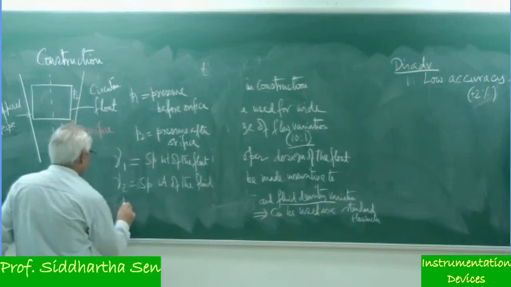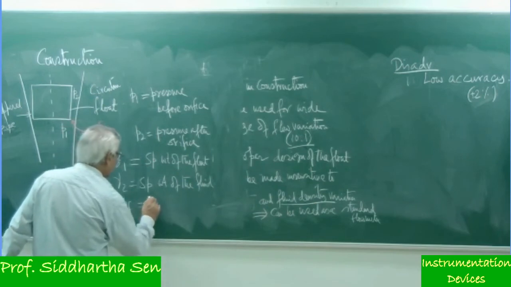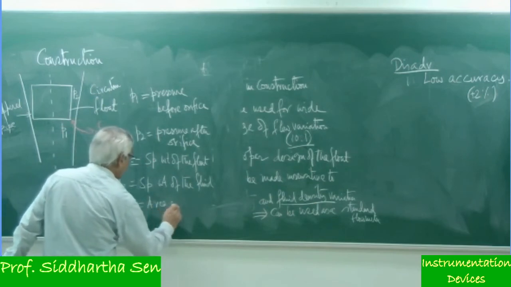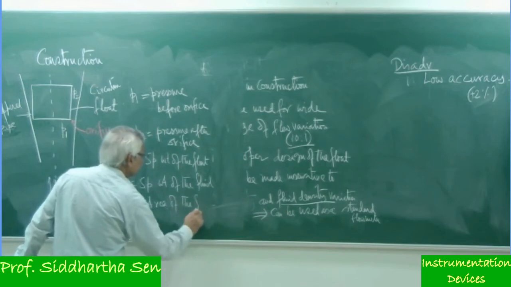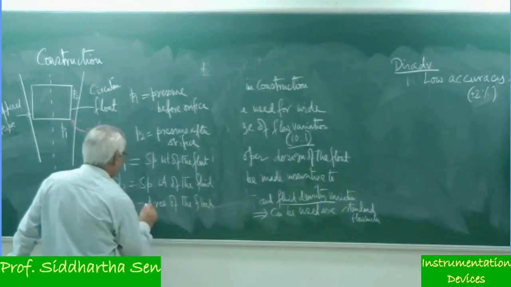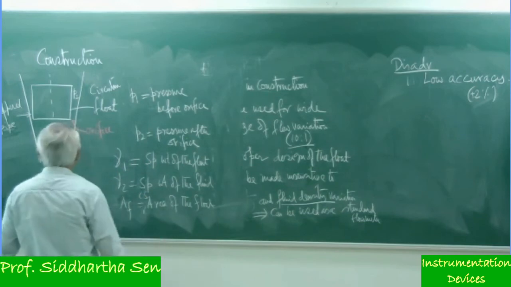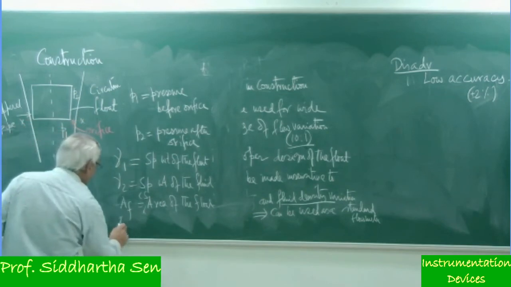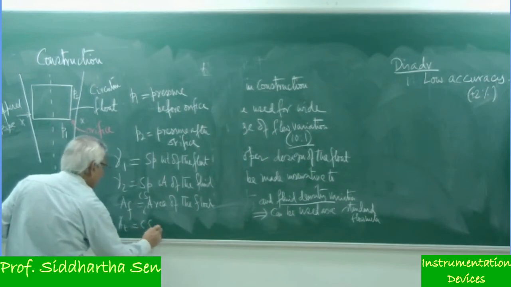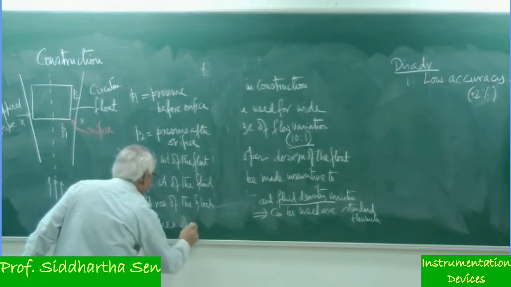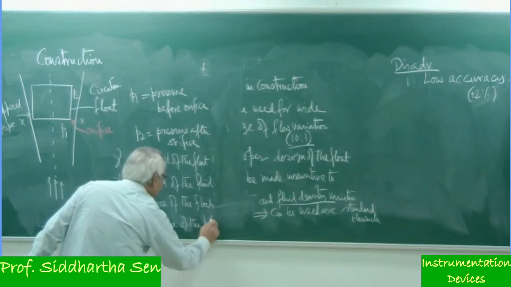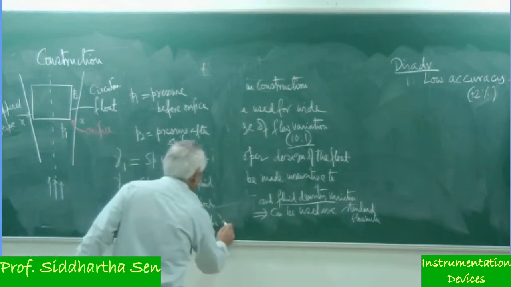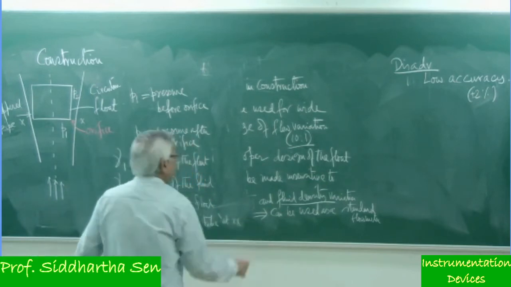AF is the area of the float, basically the cross-sectional area. Suppose the section is XX. AT is the cross-sectional area of the tube at this position XX. Okay?